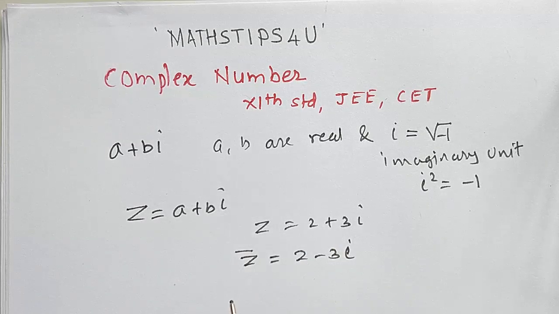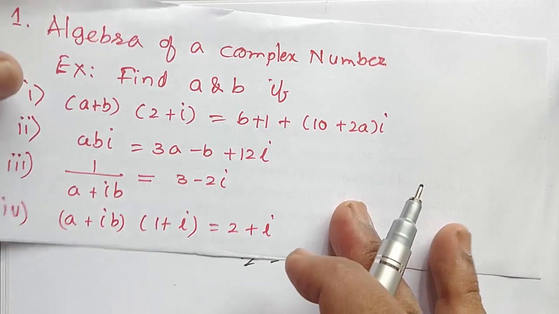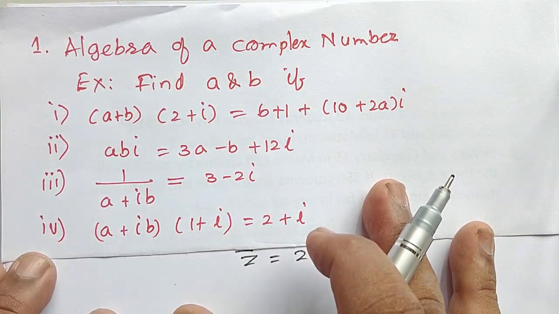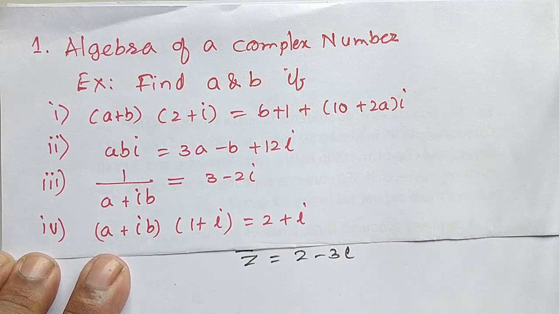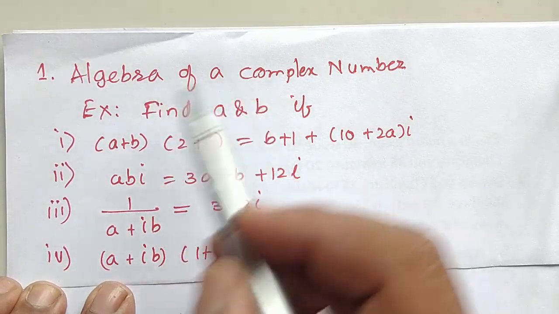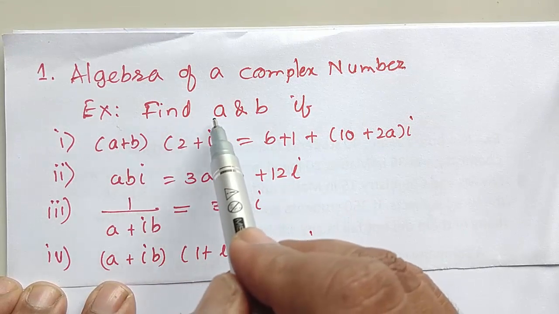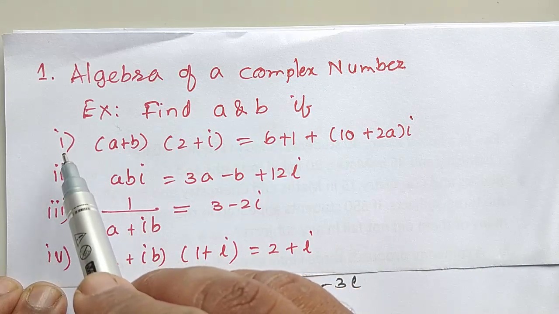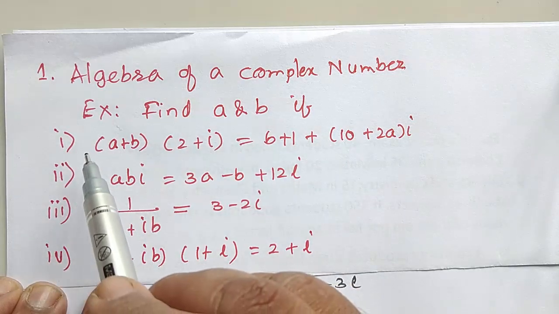Now, we shall see the algebra of complex numbers. In this video, I will solve some simple examples on algebra of complex numbers. Example: find a and b, there are 4 examples.